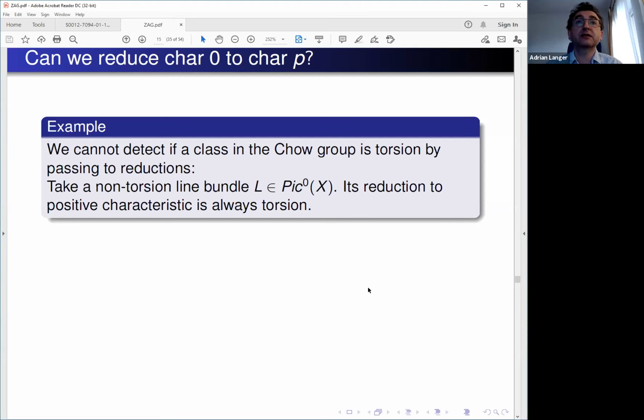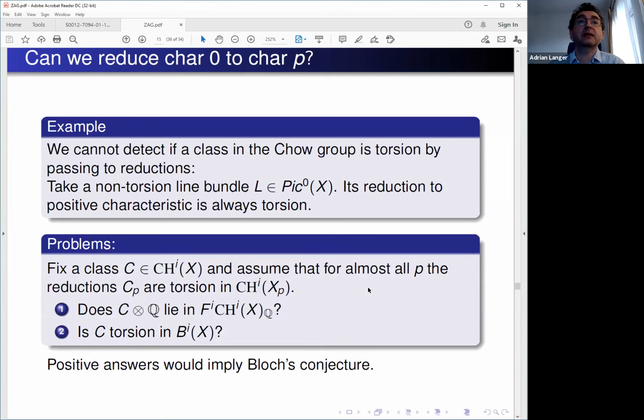But obviously this L is not torsion; its class in the rational Chow group is non-zero. So this cannot be done in this way, but maybe one can do it in a little bit different way. Namely, we don't really need this in this case. What we need is something somewhat weaker.